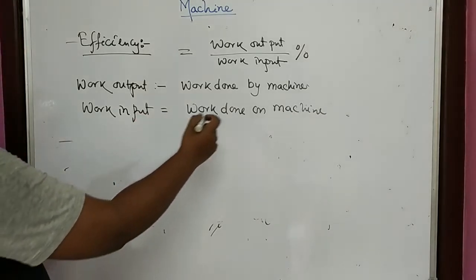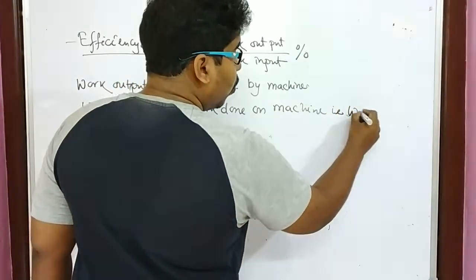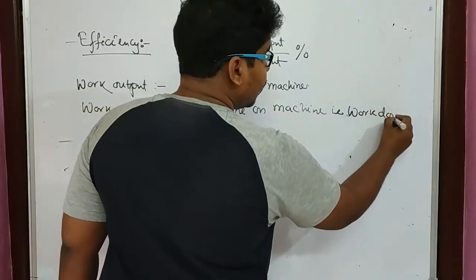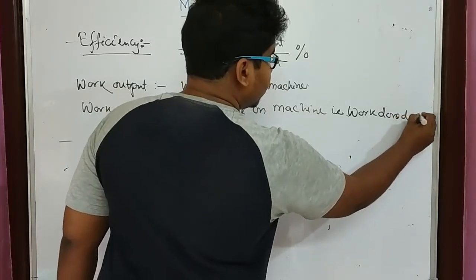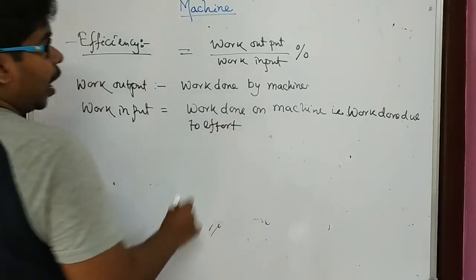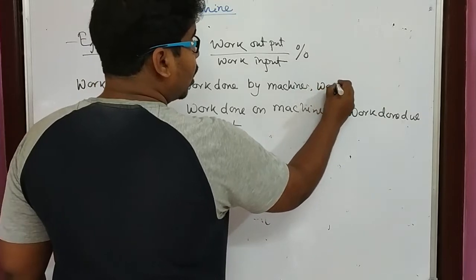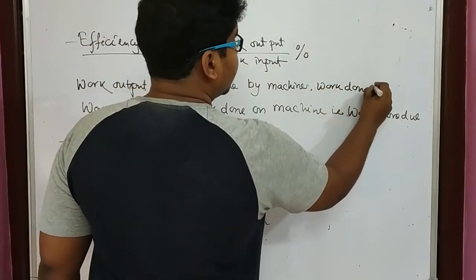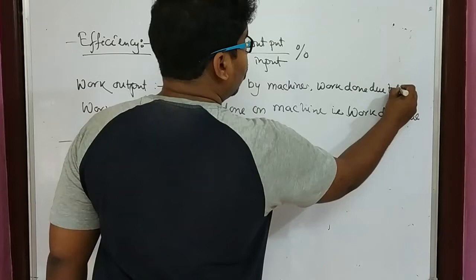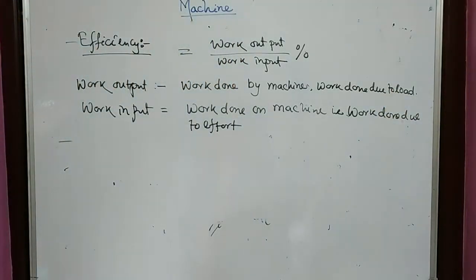So we can say work done on the machine means work done due to effort, and work done by the machine means work done due to load. This is the ratio by which we can get the efficiency.